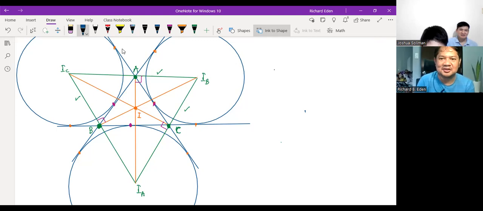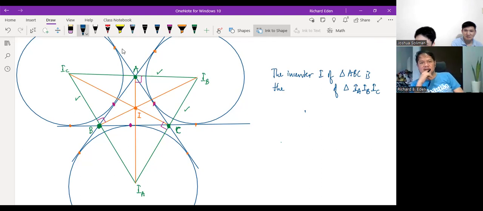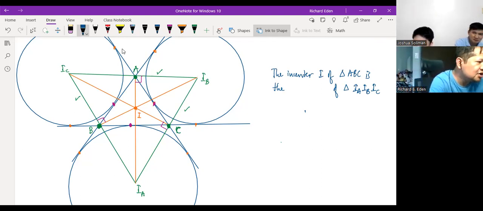I wanted to point out that the incenter is the orthocenter of the triangle formed by the excenters. But what is the name of the large triangle formed by the excenters of the excircles?